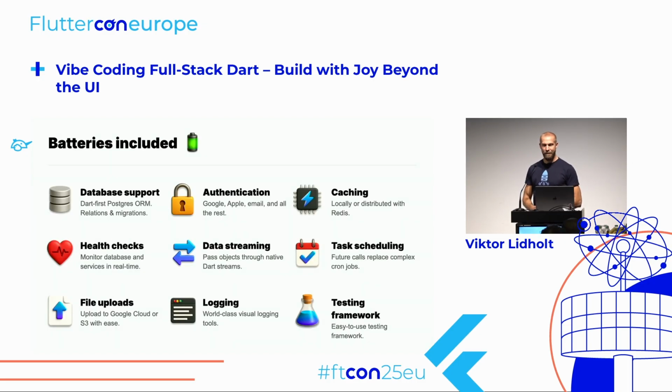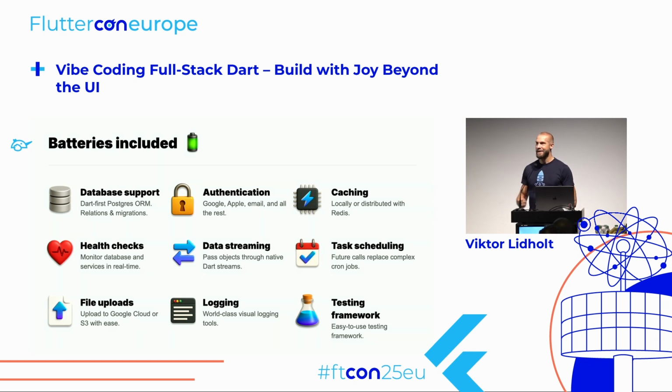And it comes with batteries included. So you have all types of features you need, like database support, authentication, caching, health checks. You can stream data, schedule tasks if something needs to happen in the future, uploading files, logging, and a complete testing framework. So we've been working on this for more than 3 years, and we're a team of 11 people. So it's a pretty serious product.